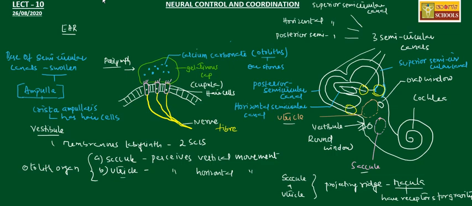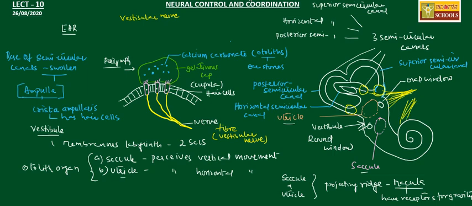Here the nerve fiber is the vestibular nerve, which receives the impulses from the semicircular canals, the utricle and saccule. This constitutes the vestibular nerve, and from the cochlea we have the cochlear nerve.